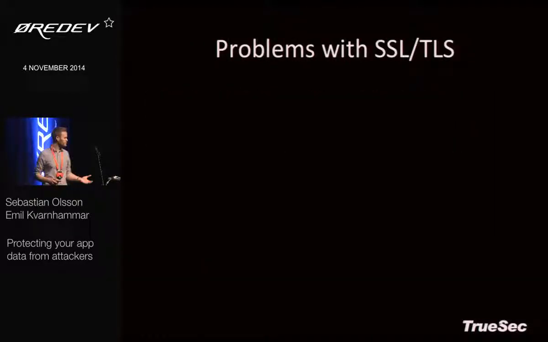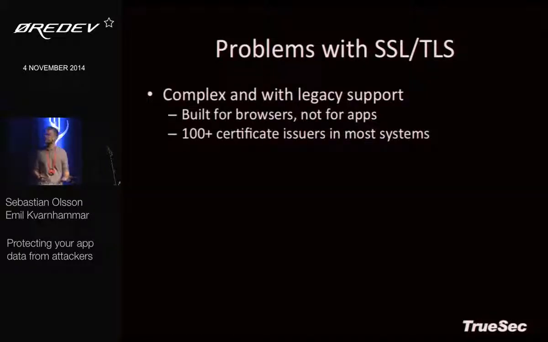So there are, though, quite a few problems with TLS or implementations of TLS. It is very complex. There are too many options most of the time. Extremely many options. This is the main problem. It's been around for a while. It's built for browsers, not for apps. That's not a problem in itself, but that also speaks a bit for the fact that it has a lot of options.